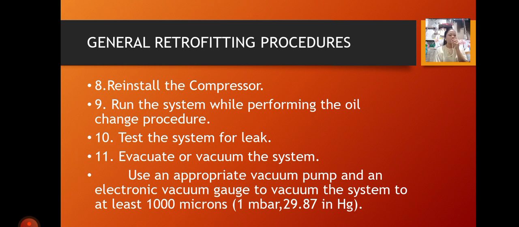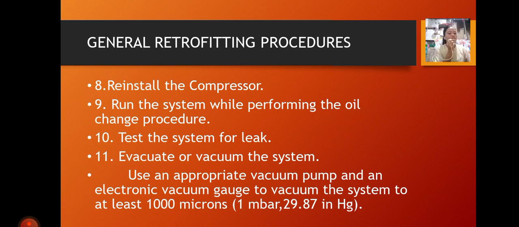Test kits are available from several lubricant suppliers that check for residual mineral oil content. Number 10. Test the system for leaks. Use oxygen-free dry nitrogen for leak testing and observe a 24-hour standing pressure and make corrections if deemed necessary.